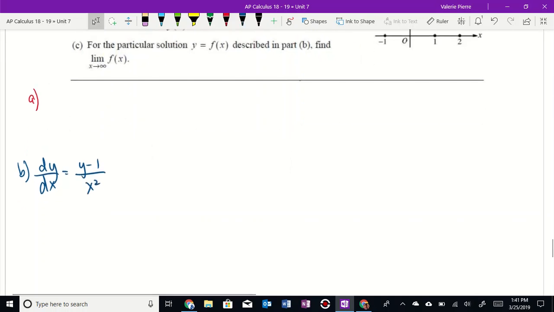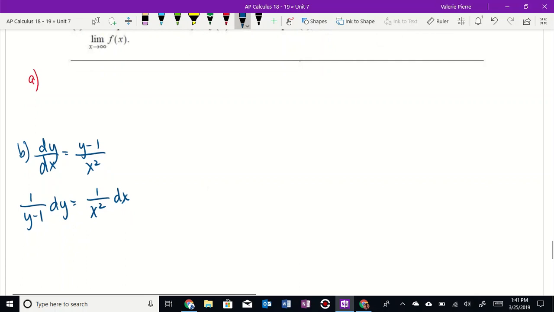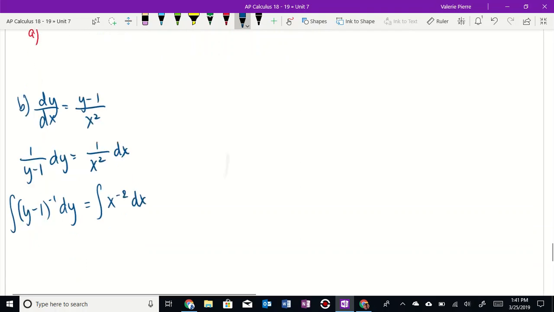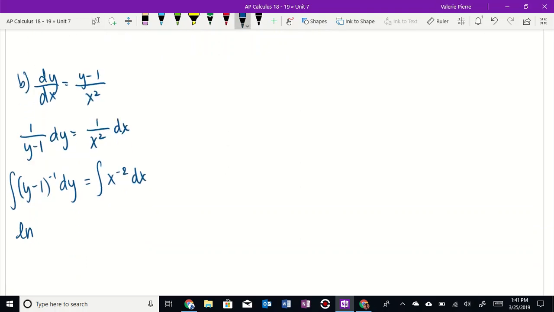Separate the variables, and we have 1 over y minus 1 dy equal to 1 over x squared dx. And we can rewrite both of these sides. y minus 1 to the negative 1 dy equals x to the negative 2 dx. And when you integrate, the left side has ln of absolute value y minus 1, and the right side is negative x to the negative 1 plus c.